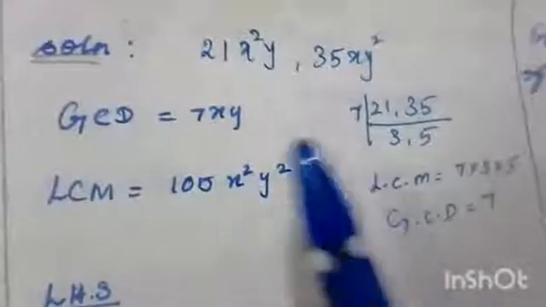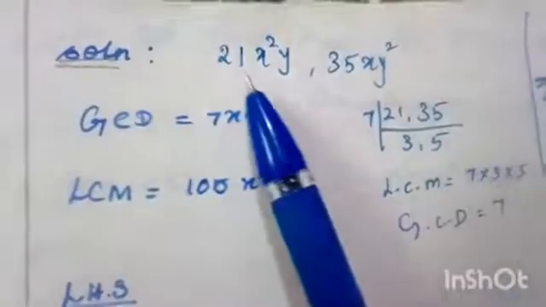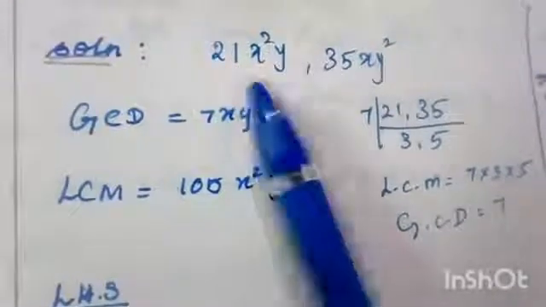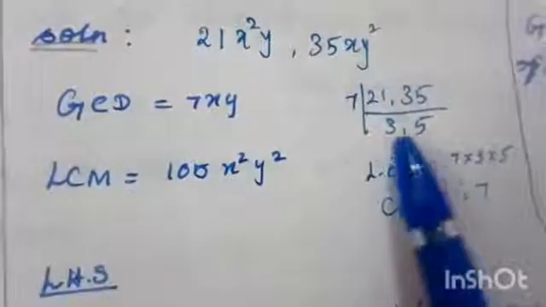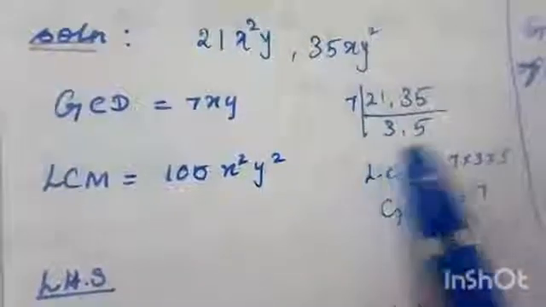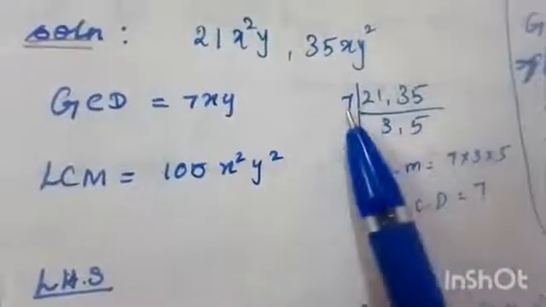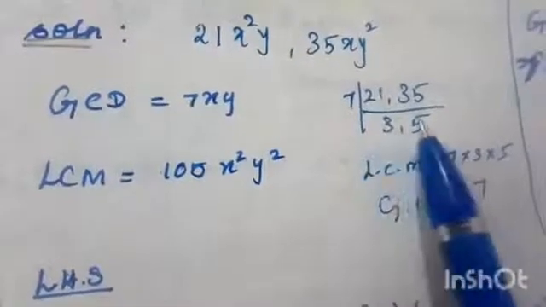First problem, 21x square y and 35xy square. First you have to find the LCM and GCD for the coefficients, 21 and 35. For 21 and 35, the common divisor is 7. So 3 times, 5 times. LCM is the product of the common factor and independent factors.